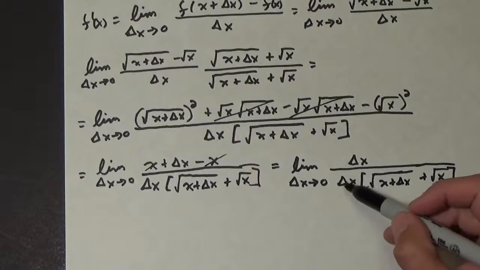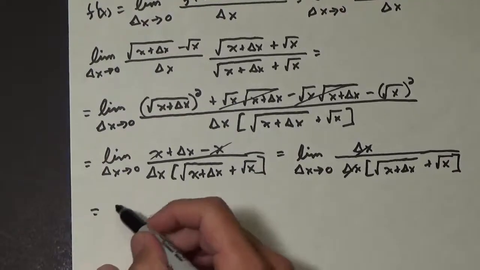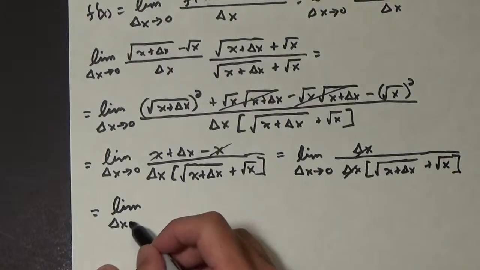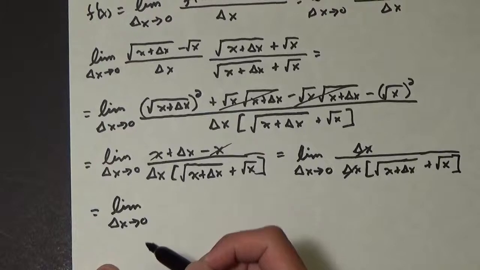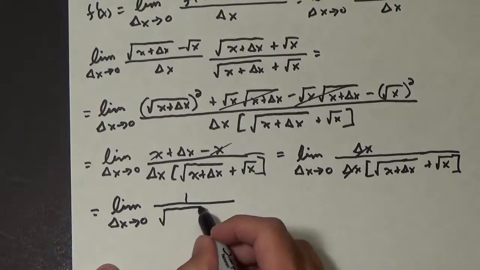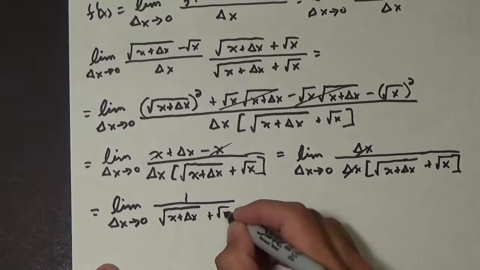And another good thing happens. These delta x's cancel out. So now we have the limit as delta x approaches 0 of 1 all over the square root of x plus delta x plus the square root of x.